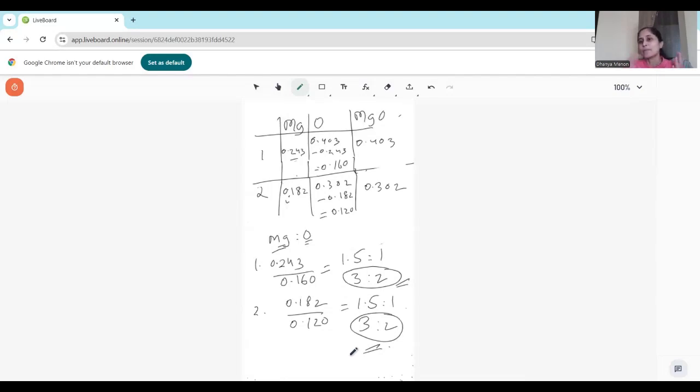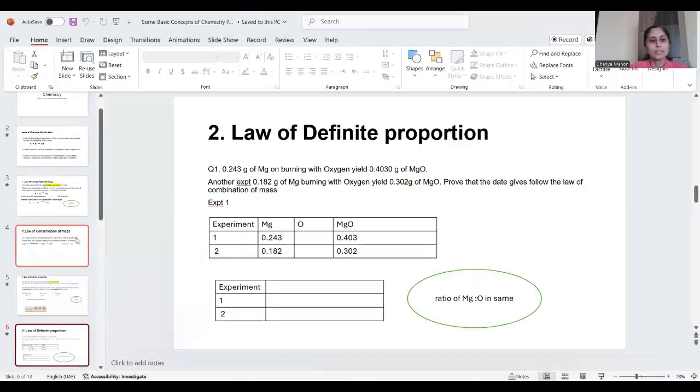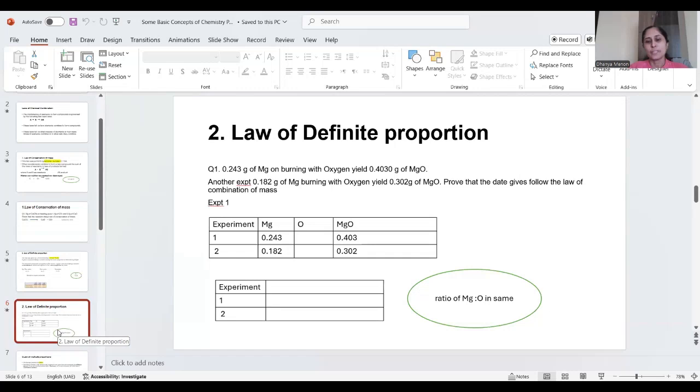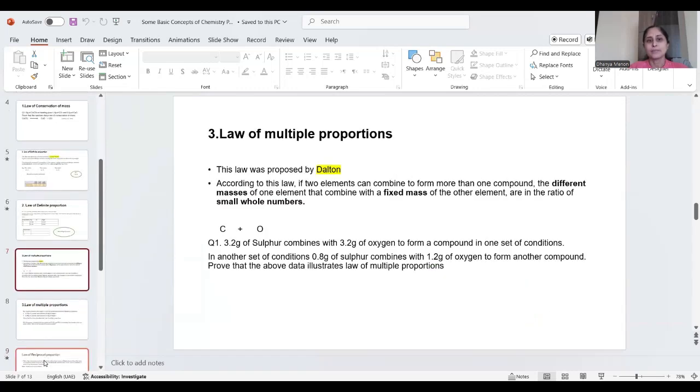Just remember the simplest example of rainwater and seawater. Forget about the impurities; they are not chemically combined. We are talking about the elements that are chemically combined. This is the one that we did already. So the ratio of magnesium and oxygen is the same.